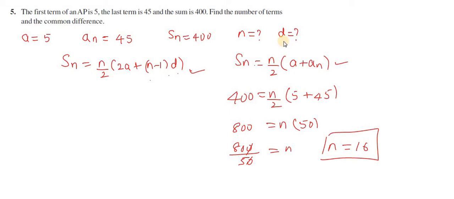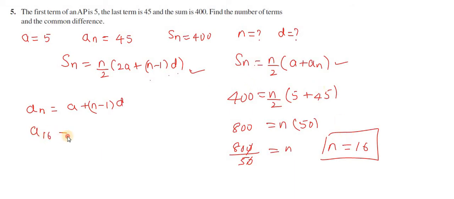Okay, now what we need to find? We need to find d. To find d, we can do one thing. You can substitute all these values in the first equation. In this equation it is not possible because d is not there. Here we can substitute the n value, so you can find d. That is one thing. Or else you can go for an also, because we know an equals a plus n minus 1 into d. Here we know the n value, that is a16.